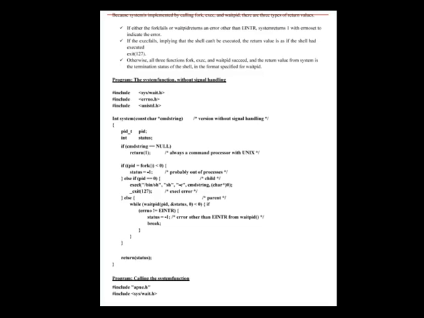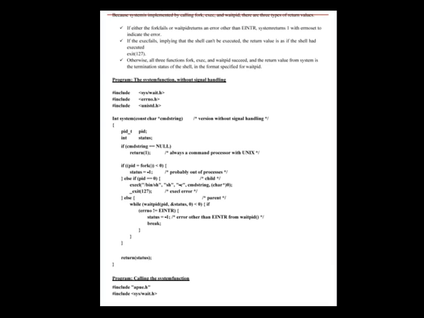Because system is implemented by calling fork, exec, and waitpid, there are three types of return values. If either the fork fails or waitpid returns an error other than EINTR, system returns -1 with errno set to indicate the error.